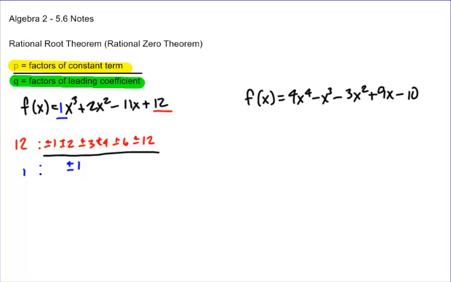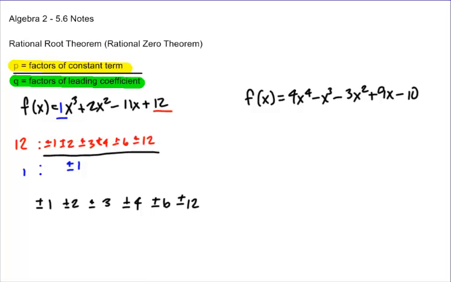And so if we reduce this fraction down for an answer, all the possible rational roots, and rational roots are fractions, would be plus or minus 1, plus or minus 2, plus or minus 3, plus or minus 4, plus or minus 6, and plus or minus 12. Those are all your rational roots for this first guy.